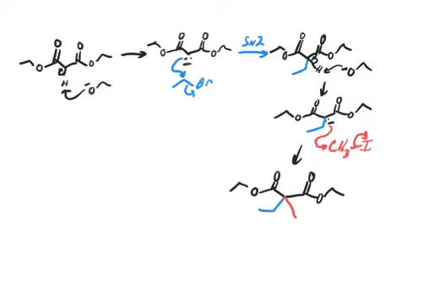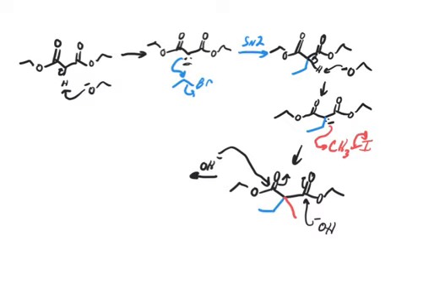The next step, we're going to do the hydrolysis. So if I treat this with hydroxide, hydroxide is going to add to both of the carbonyls and kick out the ethoxide. So it's going to happen twice, addition and elimination. I'll do the same thing, hydroxide on this side.